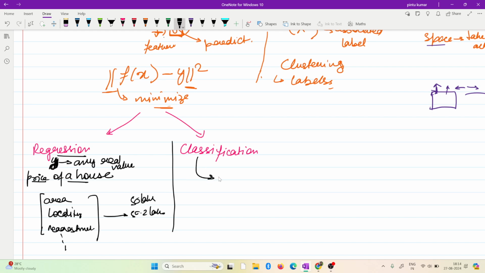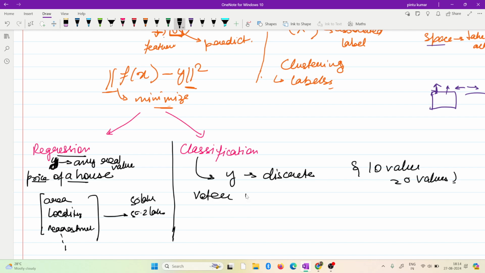Whereas in classification, the y that you have are discrete in nature, and they can take very few values. Let's say they can take 10 values or 20 values. For example, let's say you have some voter data set, where you have the characteristics of every voter.